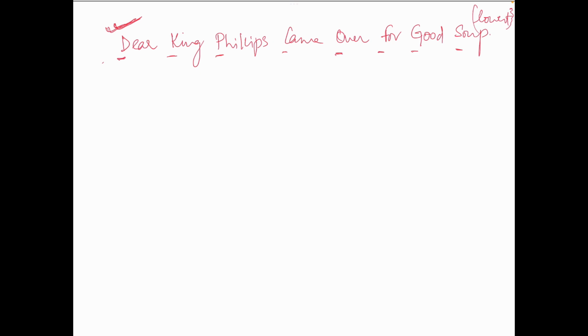So D is for domain. Domain is not written in your NCERT, but you have to know, because standard taxonomy includes the rank called domain. You will find it everywhere else apart from your NCERT. Next is K for kingdom. Then P is for phylum, or division in the case of plants.